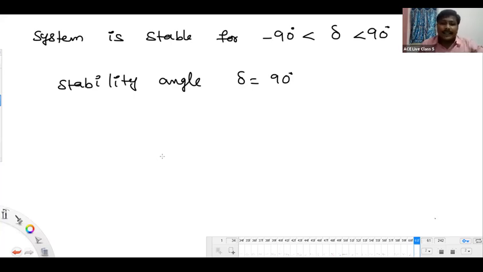And what are the preferable operating angles in the system? Generally we prefer to operate the system in the range of 30 to 45 degrees. Why is it so? In order to maintain good stability for the system, for steady state disturbances as well as transient disturbances, and to have an appreciable amount of power flow, it is required to consider the angle delta in the range of 30 to 45 degrees.